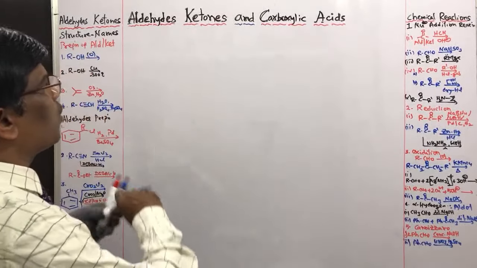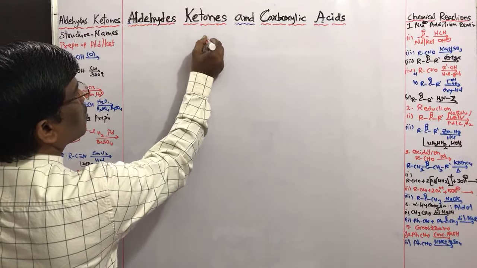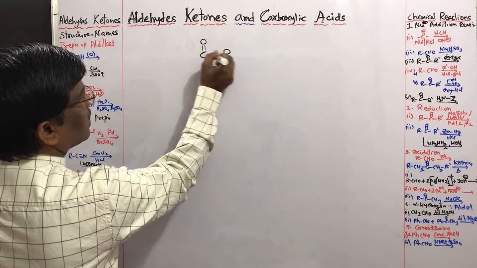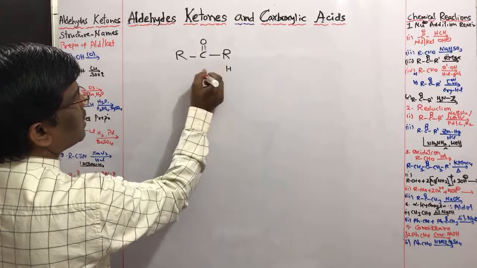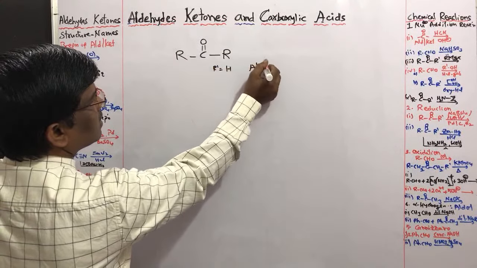Let us see the topic aldehydes, ketones and carboxylic acids. These are the compounds having carbon attached to oxygen with a double bond, and if the R is hydrogen, these are aldehydes.